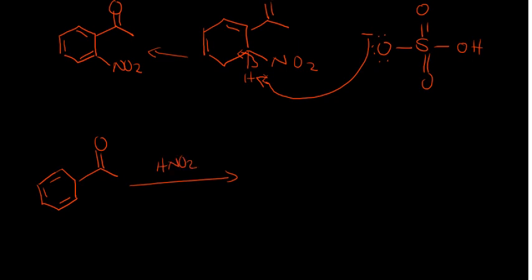Just add the nitrogen here. If they ever ask you to write without showing the mechanism, that's how, but that's the mechanism for you to form this. Okay, question B.